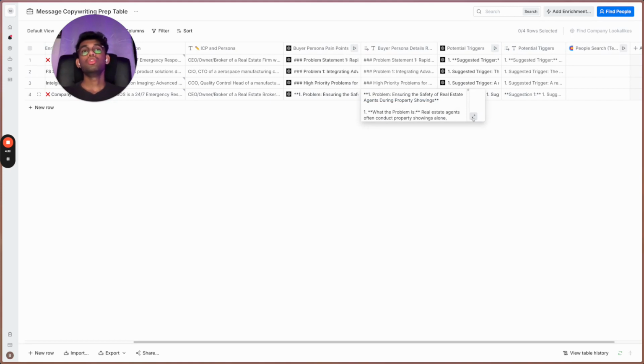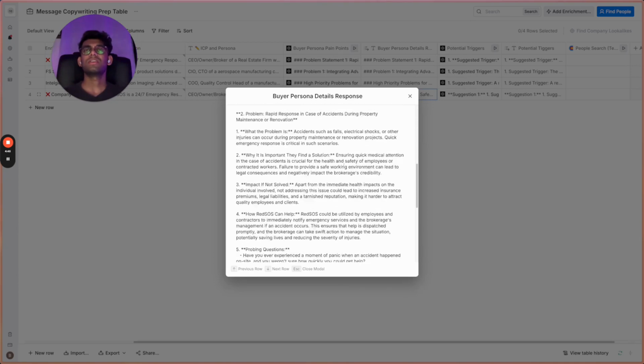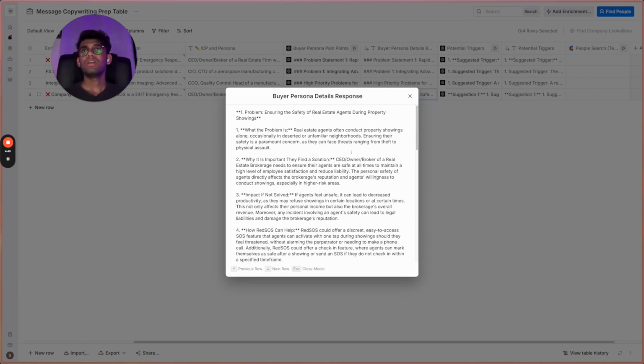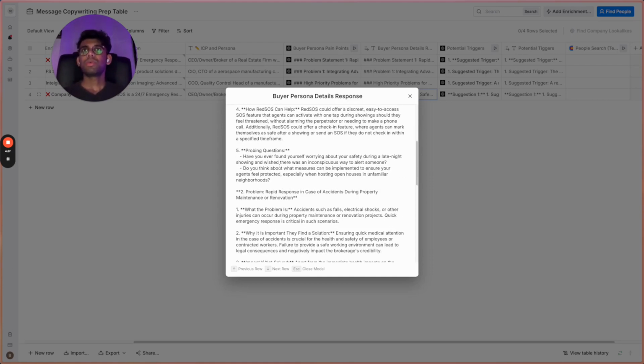For example, when you book a call with us, we can get all the information in this table, and then based on that, ask AI to analyze your company and your ideal buyer persona. It'll give you the problem about who you're targeting, the problem that your target market is facing, and probing questions that we can use.